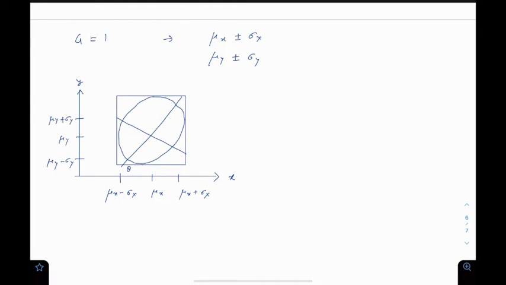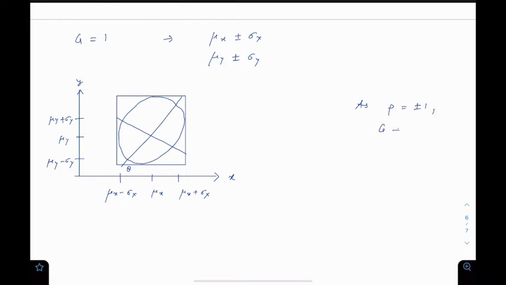It approaches 0 as mod of rho goes to 1. Now, of course, in the limit, as rho equals plus or minus 1, g is infinite, and we really have just one dimension.